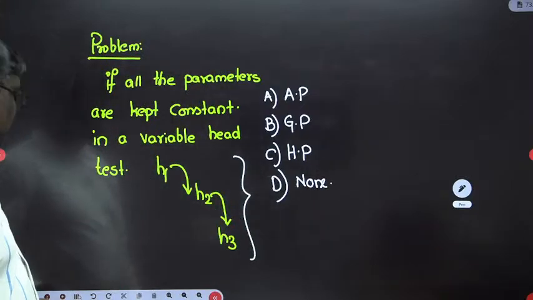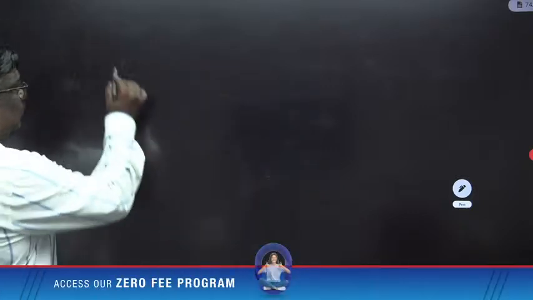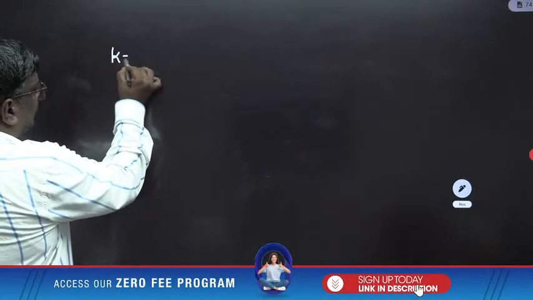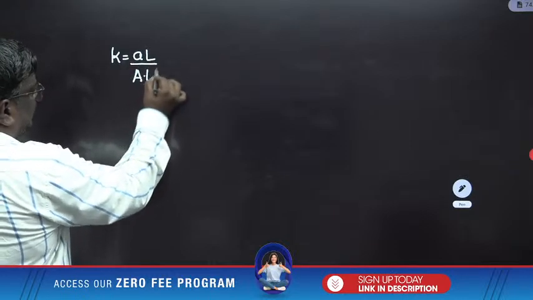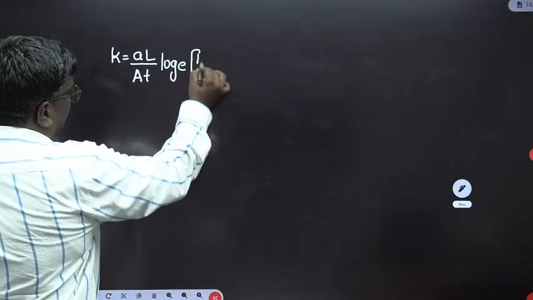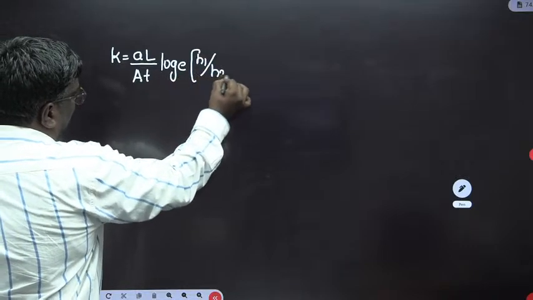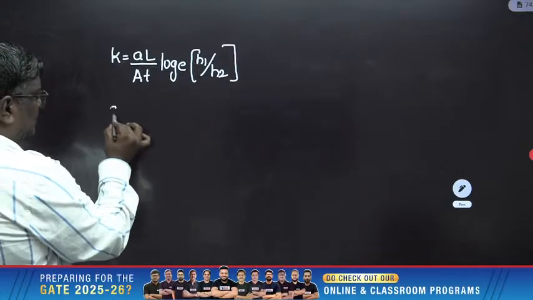Okay, see, students, first of all, you should know the coefficient of permeability for the variable head test. Variable head test: k = (aL by AT) ln (H1 by H2). Remaining all parameters are the same here.